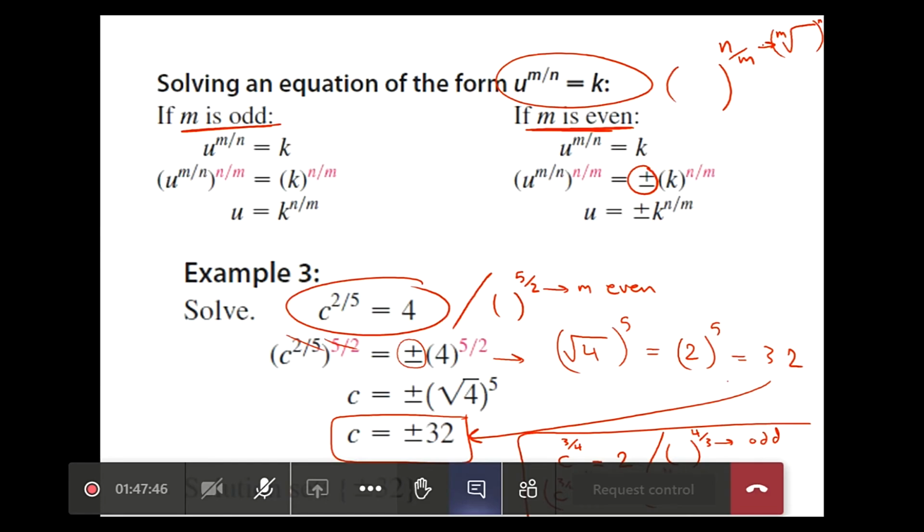So we don't need here to put positive negative. Remove this one, so we have c equal 2 to the power 4 over 3, or keep it as it is, or we can put it as the cube root of 2 to the power 4, or we can put the 4 outside. Okay, like this.